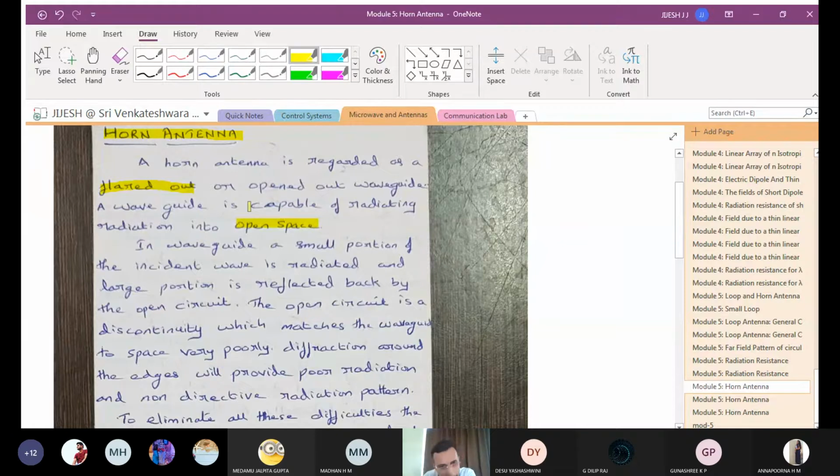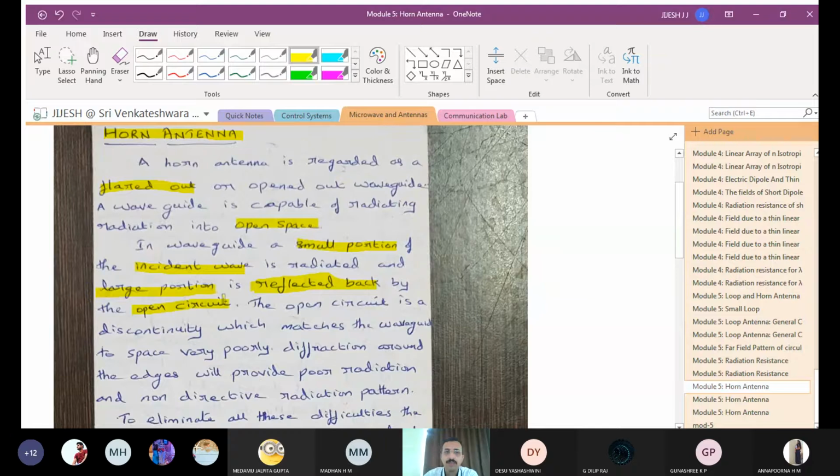What you can see is that it is flared out, an opened out waveguide. In a waveguide, a small portion of the incident wave is radiated and a large portion is reflected back by the open circuit.